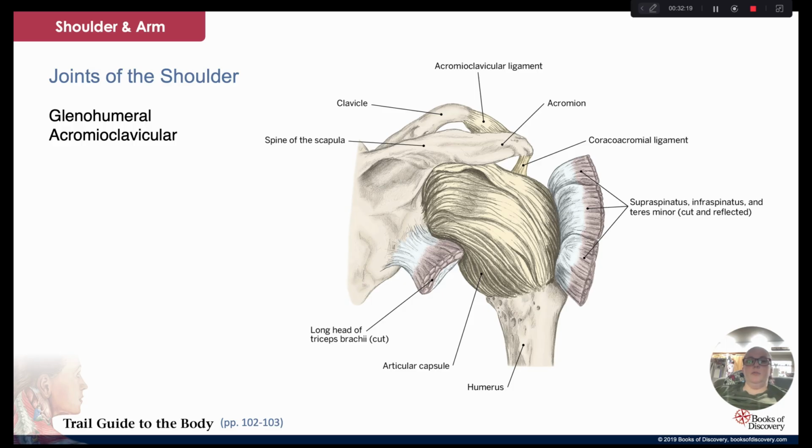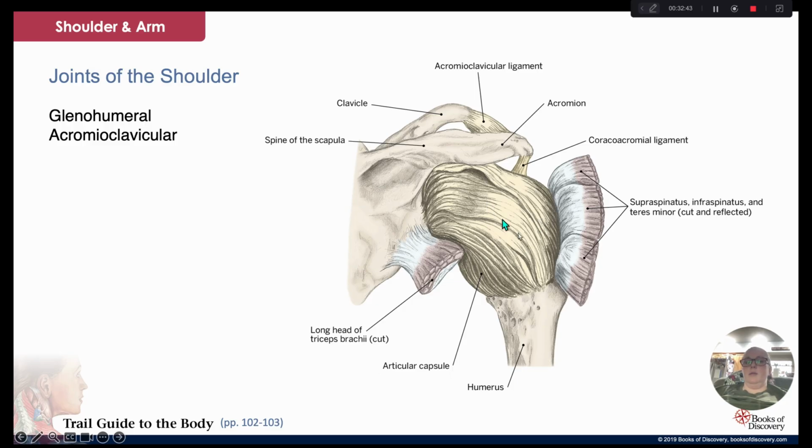Joints. Glenohumeral, acromioclavicular. Say that 10 times fast. Here we have all the rotator cuff muscles and the triceps, cut. So these three rotator cuff muscles are cut, so you can have a better view of how it attaches. All right, and then you have something called the articular capsule.